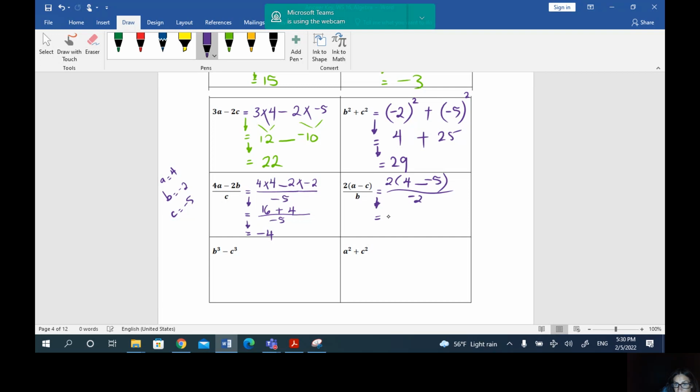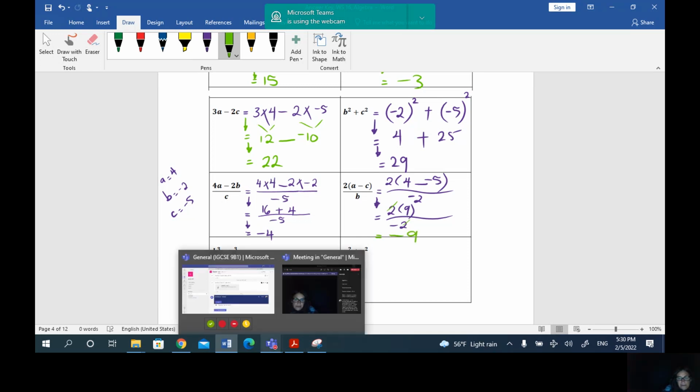Underneath the equal, fraction line, so 2 times 4 minus -5, which means 4 plus 5, and it's 9 over -2. If you cancel the 2 with 2, it will be 9 over -1, so the final answer is -9.